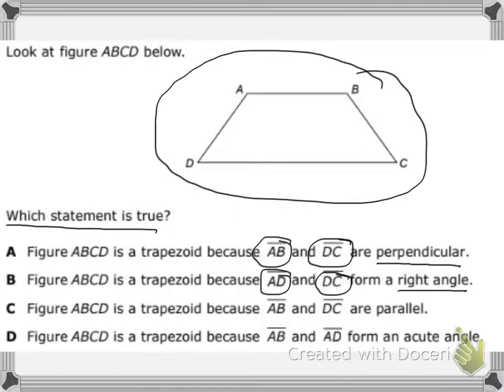Letter C says figure ABCD is a trapezoid because A to B and D to C are parallel. And finally, D says figure ABCD is a trapezoid because A to B and A to D form an acute angle.